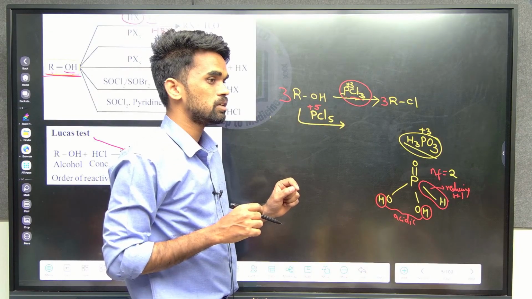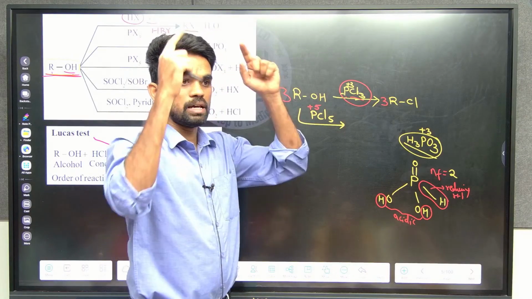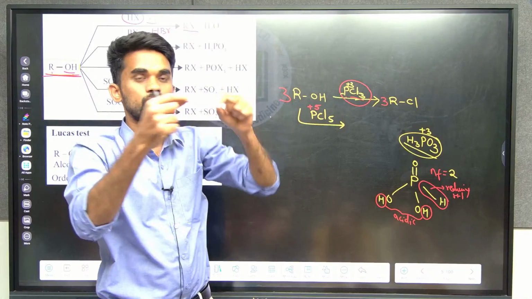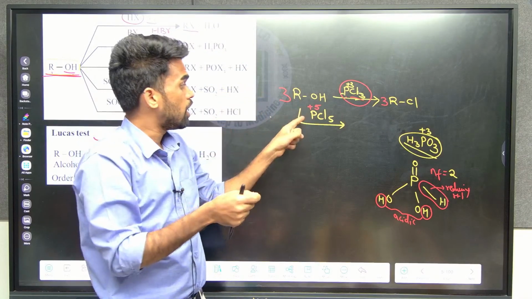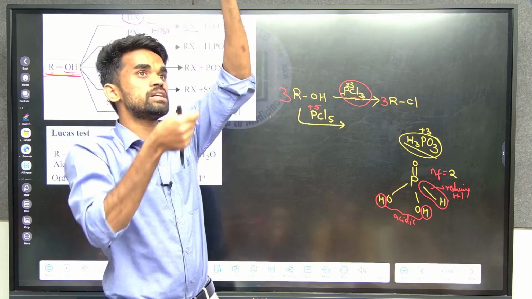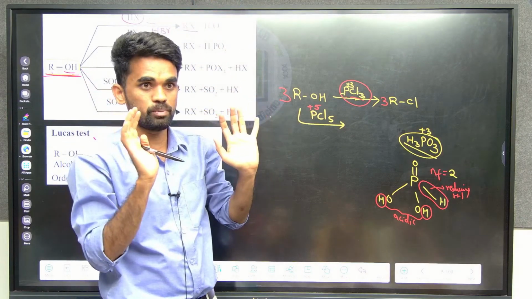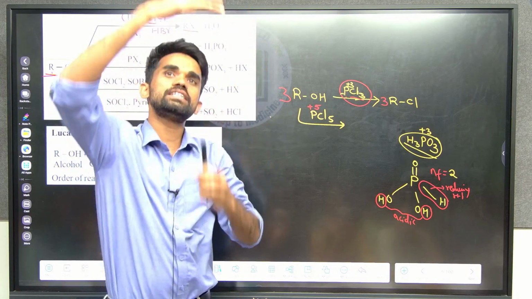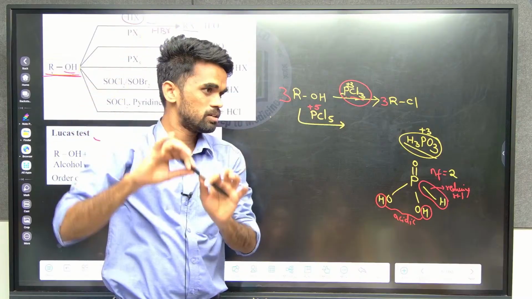Trigonal bipyramidal. I told you there are axial bonds and equatorial bonds. How many chlorines are axial? 2. The axial bonds are longer than equatorial bonds. If the distance is more, that bond breaks easily.